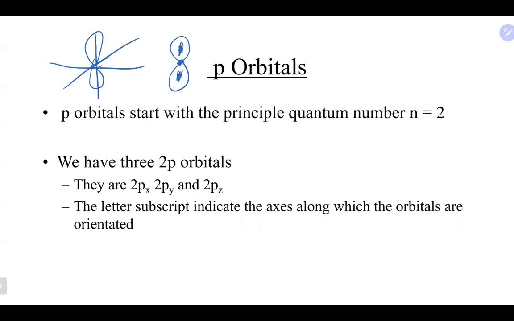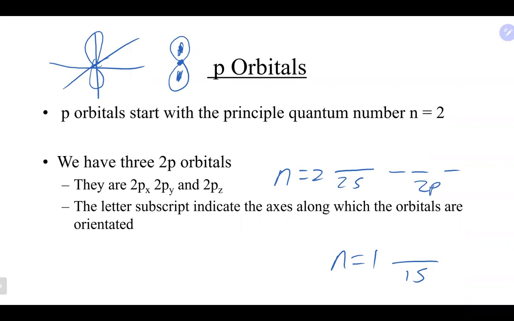Now, the p orbitals do not appear until the second energy level. On the first energy level, there is just the 1s orbital. On the second energy level, there's the 2s orbital, and this is where we start to see the 2p orbitals appear.